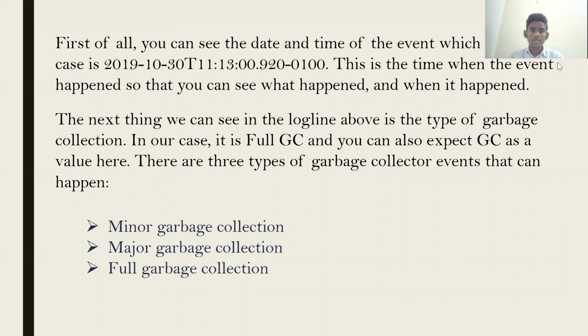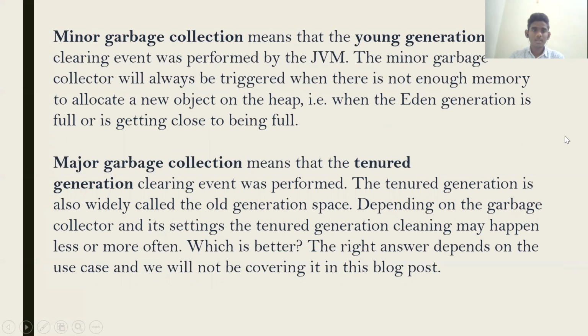In our case, it is full garbage collection, and you can also expect garbage collector as a value here. There are three types of garbage collector events that can happen: minor garbage collection, major garbage collection, and full garbage collection.